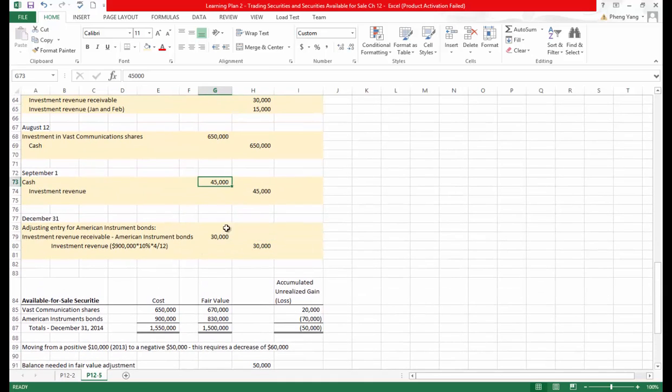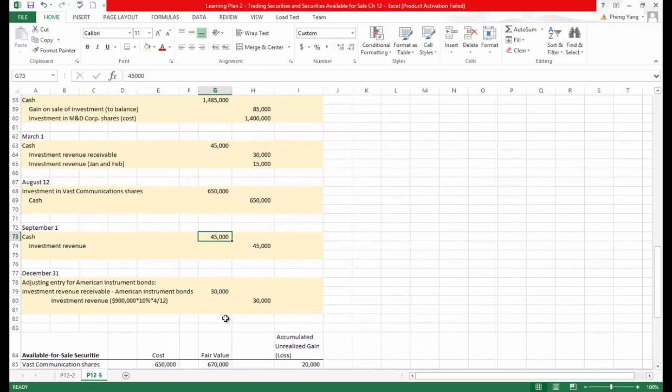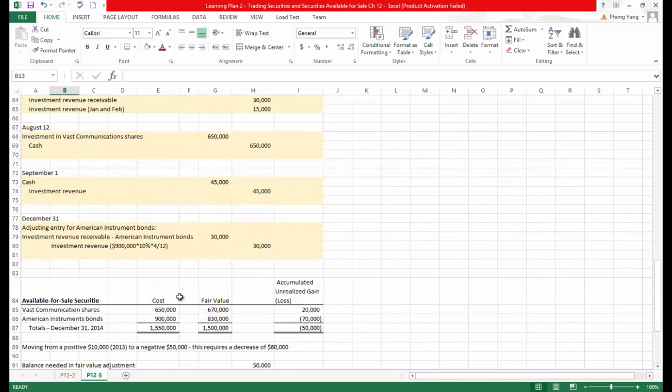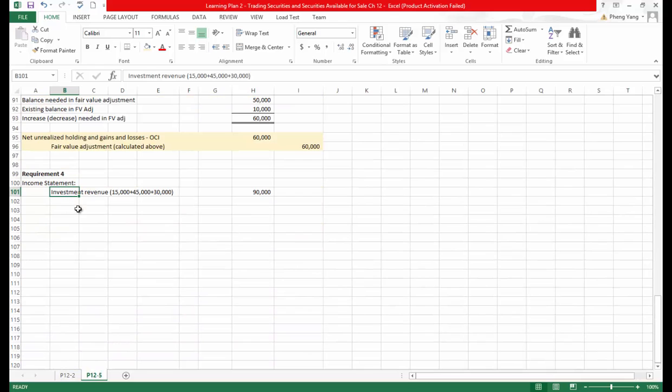The 45,000 for the cash investment was when interest was paid, and then the 15,000 for the partial interest that we accrued through March 1st for the other investment. I believe that is the American Instrument bonds. So that is our investment revenue.